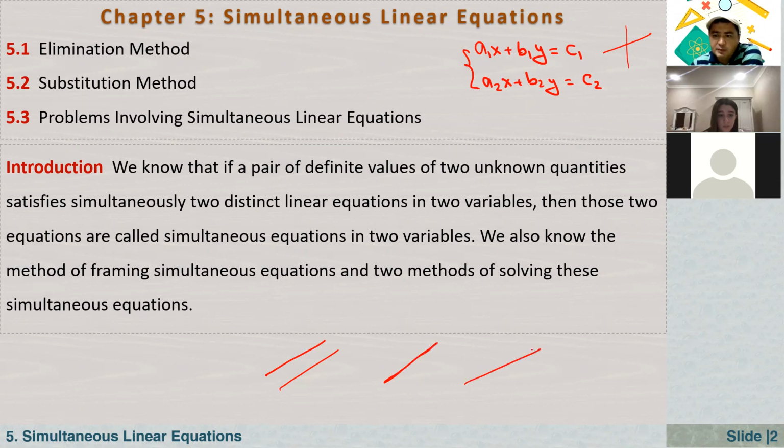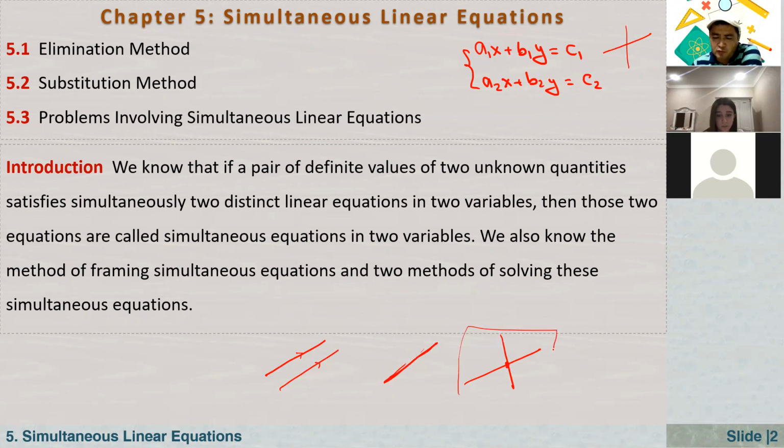And the third one, maybe they intersect each other at one point, right? If they are parallel, that means these equations do not have any solutions. If they are overlapping, we call them collinear, and then they have infinitely many solutions. And if they intersect each other at one point, we have one solution.